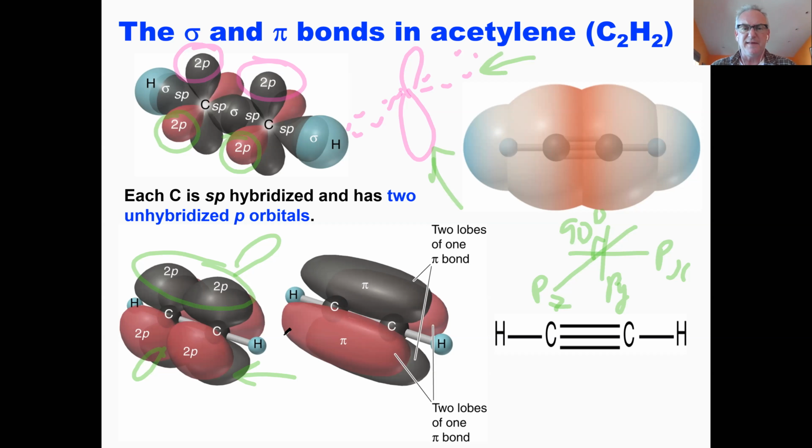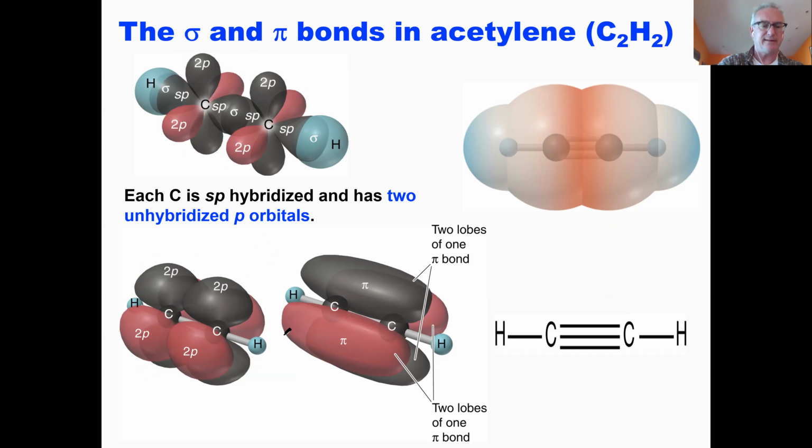Because these are a little hard to make out, especially this. But it's a good way of seeing before you add the bonds. This is why it's linear. And then this part, when it shows you the electron density, basically shows you what the shape around the molecule is going to look like.